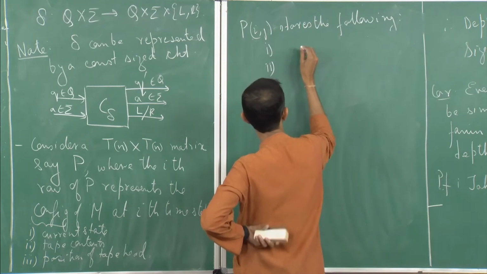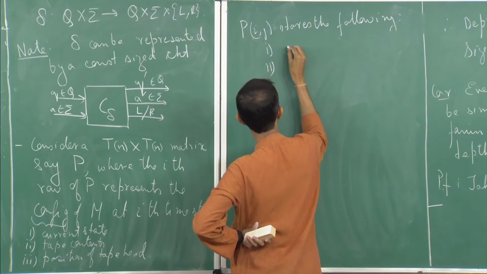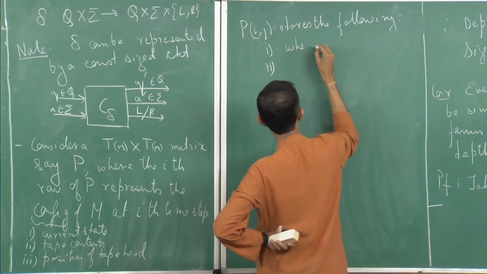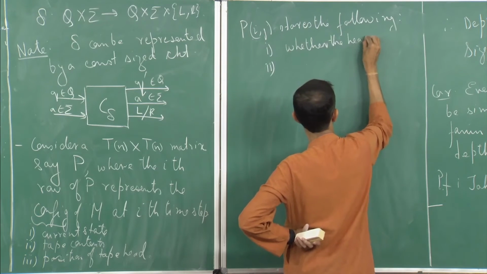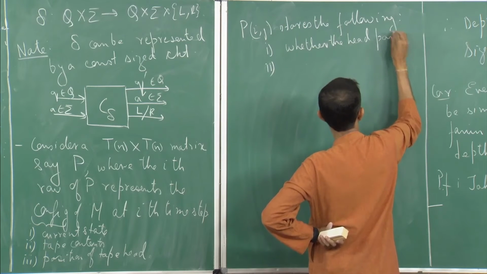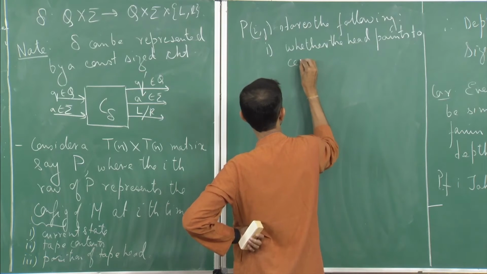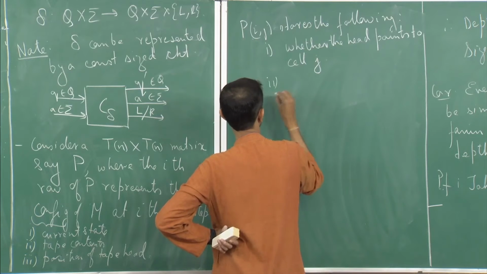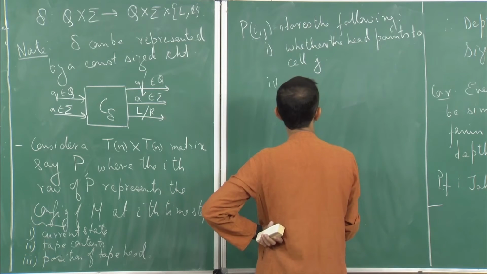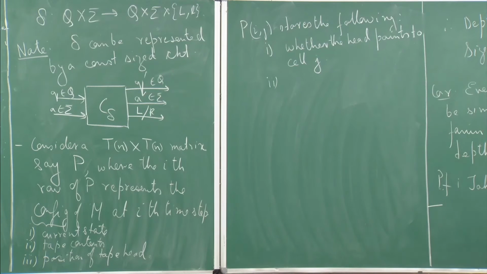Let me just change this a little bit. So, the first one will be whether the head points to cell j, so this I can call the head present bit.